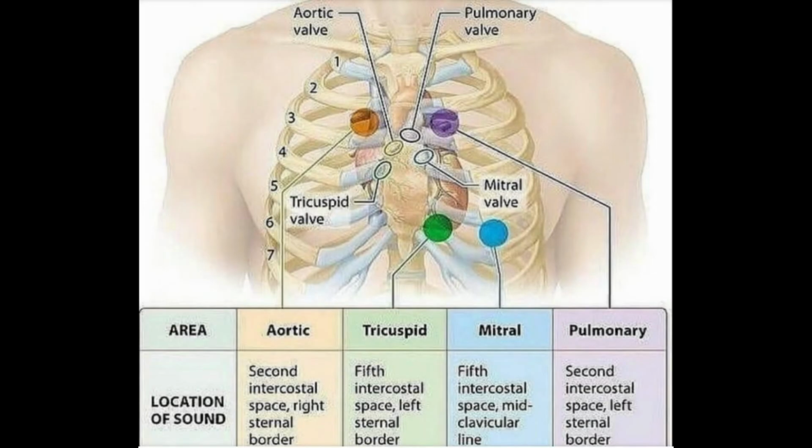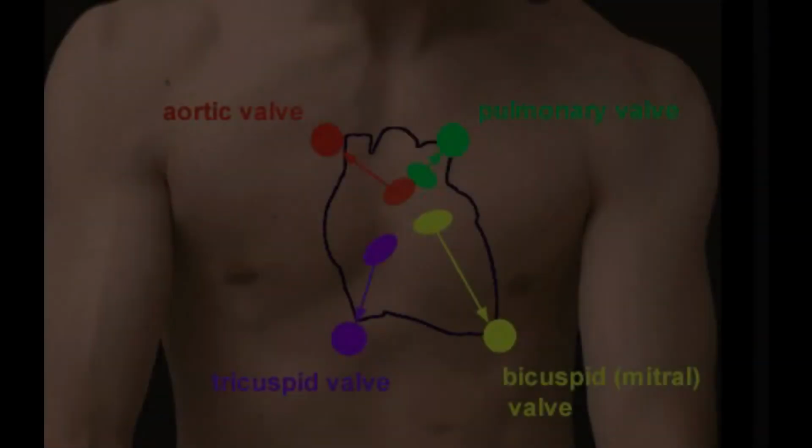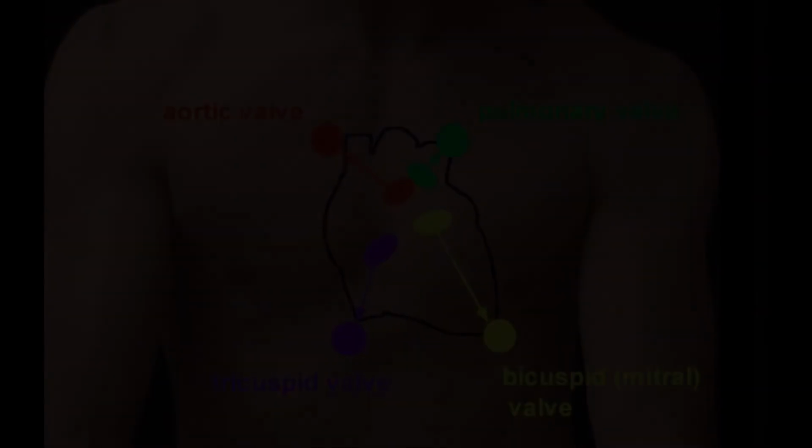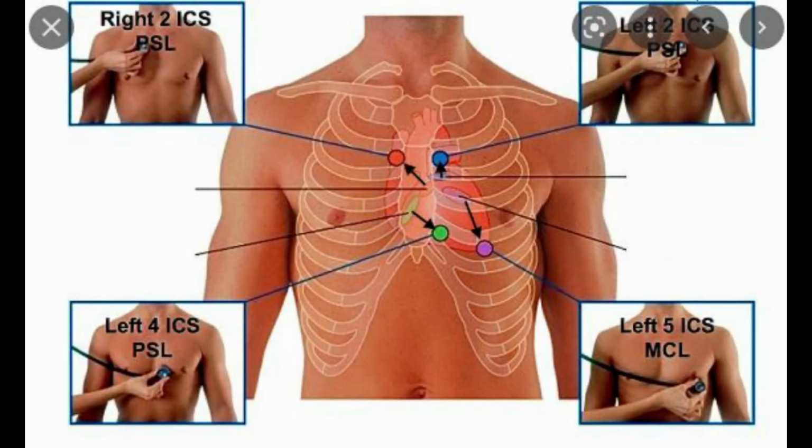To auscultate this area, first of all we have to confirm the position of the apex, that is already mentioned in our earlier classes. While auscultating, you have to note the heart sounds, their character, intensity, expansion, rhythmicity, and presence of any abnormal sounds, etc.